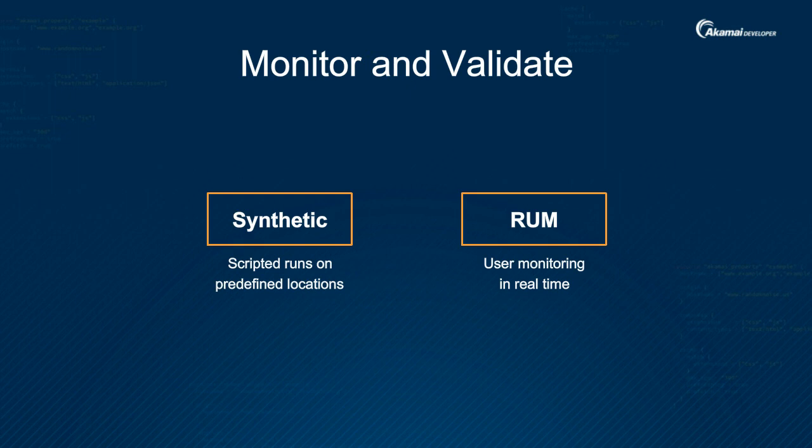Real user monitoring, on the other hand, collects data directly from the users as they access your app. And by measuring from a user's browser or app, you're able to continually test and see what performance is like in the real world. Synthetic tests can be hard to set up and configure. They only test what you can script, and they only run for a defined period of time.